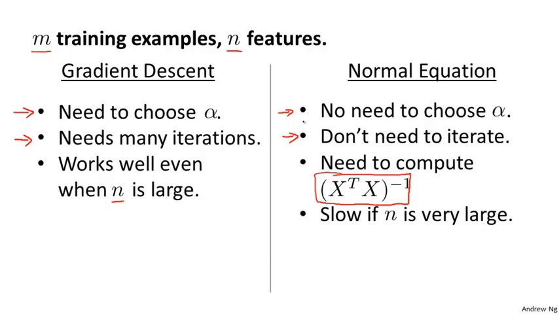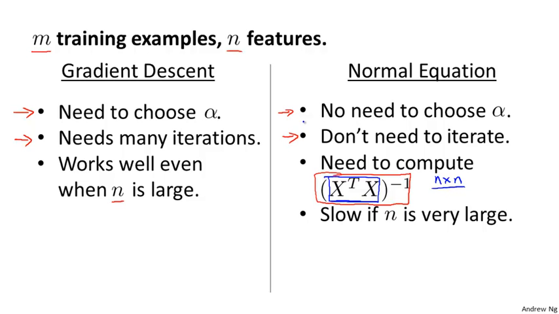This matrix X transpose X is an n by n matrix if you have n features, because if you look at the dimensions of X transpose and the dimensions of X, you figure out what the dimension of the product is.